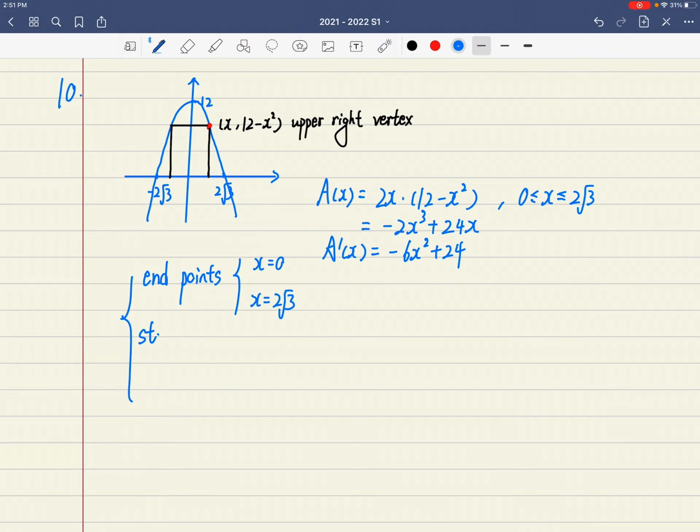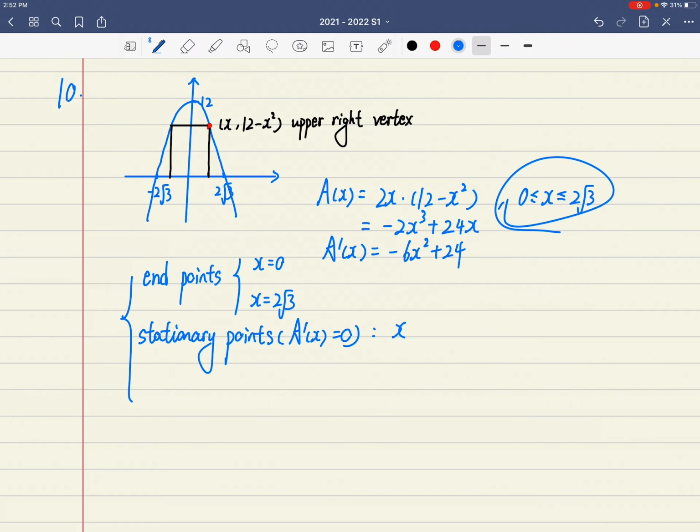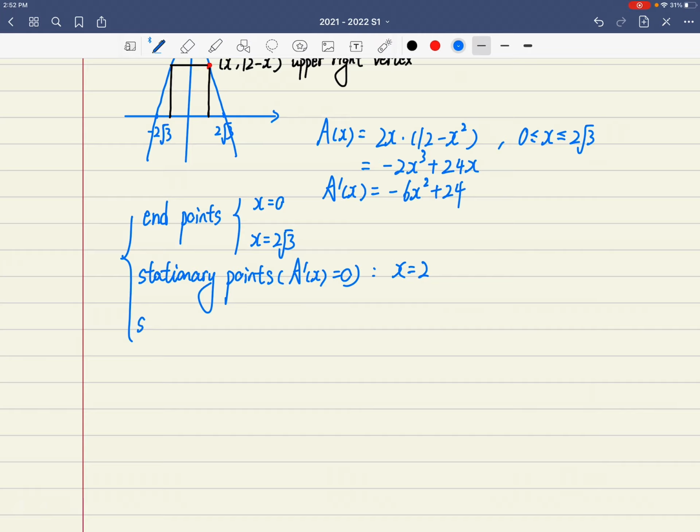So what is a stationary point? Stationary points are points where the derivative is 0, so we can solve it. It's just when x squared is 4, so x is positive or negative 2. Because x must be positive, x is 2. That's the only stationary point.